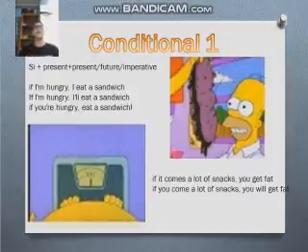How to form questions in the first conditional. Questions in the first conditional are formed like normal questions, with will coming before the subject. Will you go to the beach if it's sunny?